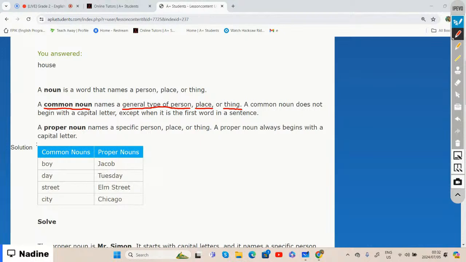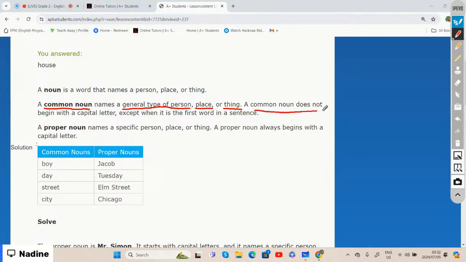General places is, for example, instead of naming the city that you live in, you can just say city. Instead of naming the country that you live in, you just say country. Instead of saying, for example, Canada, you can say country or state. Instead of naming the school, you just say school, zoo, park, beach, and so on, right? Those are general types of places, persons, things, or animals.